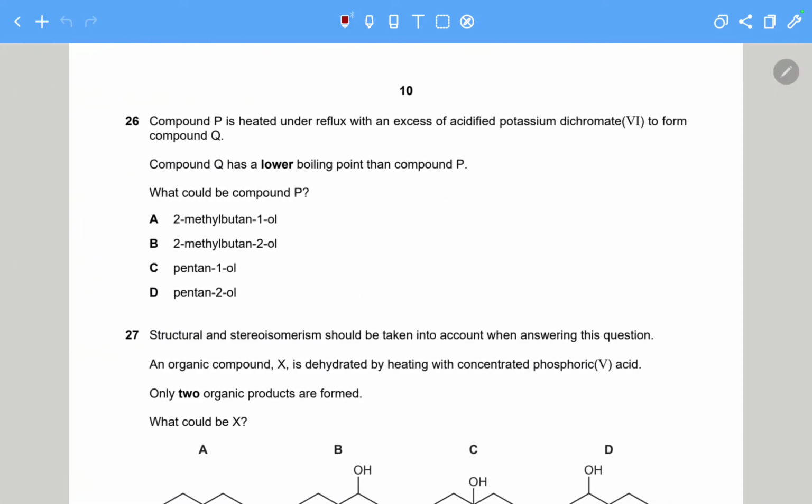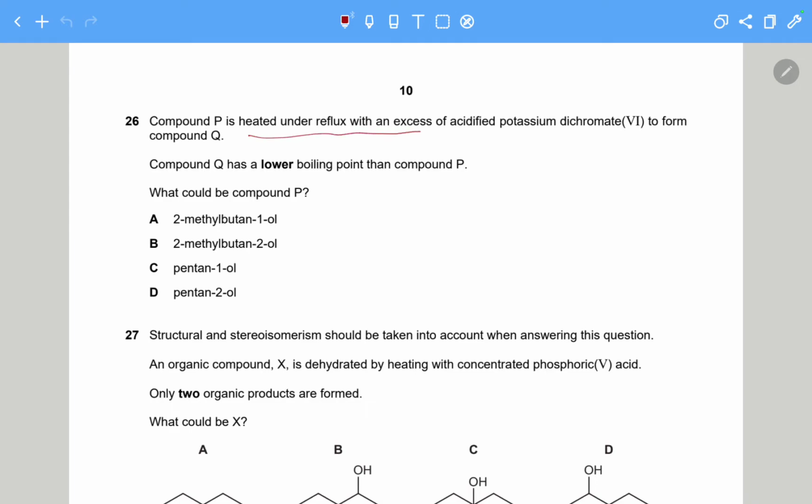Okay. So question 26, compound P is heated under reflux with an excess of acidified potassium dichromate to form compound Q. Compound Q has a lower boiling point than compound P. So this is an oxidation reaction, remember.